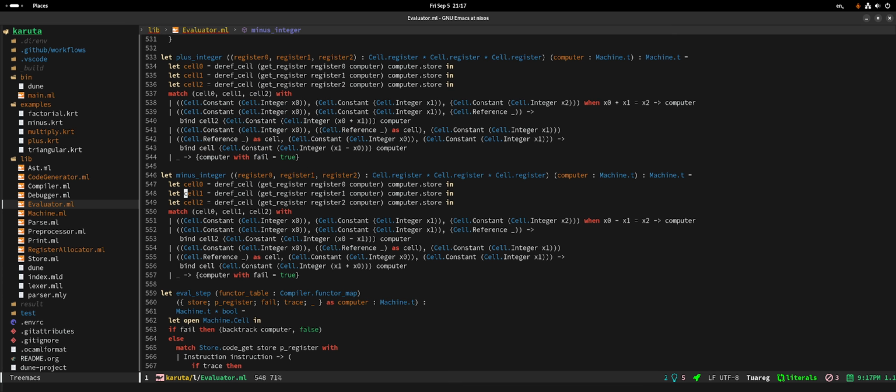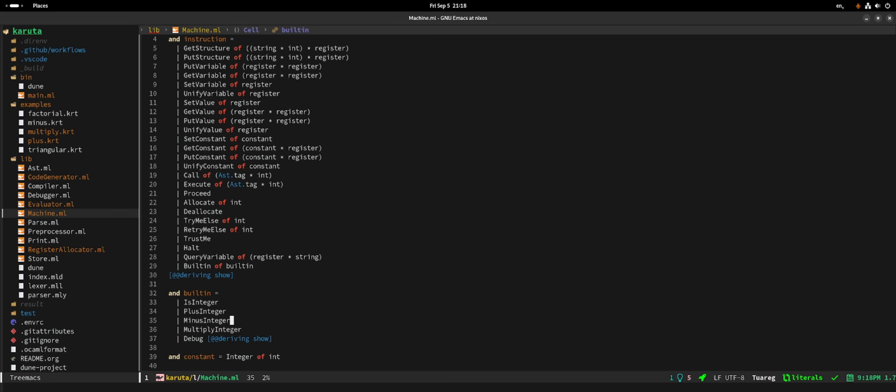Okay, so do you want to implement negation? Yeah. Is that gonna be a built-in predicate, or are we just gonna implement it to facilitate our lives? We should probably make it a built-in predicate actually, instead of minus. Wait, we're not gonna have minus in the language? If you have plus and negation, you can derive a minus.